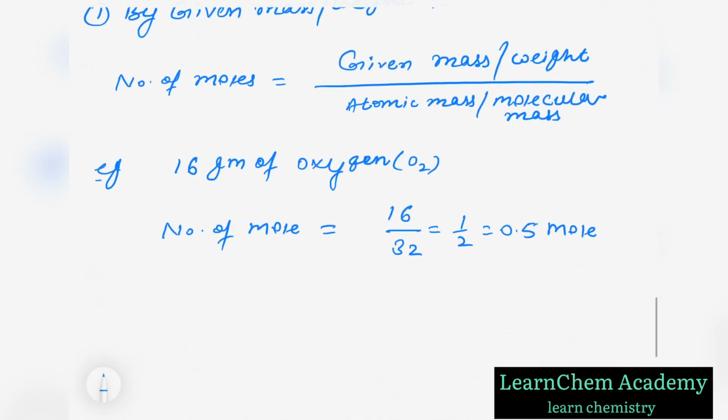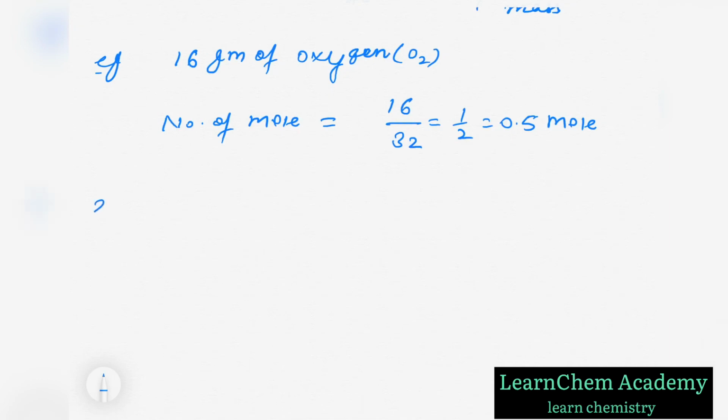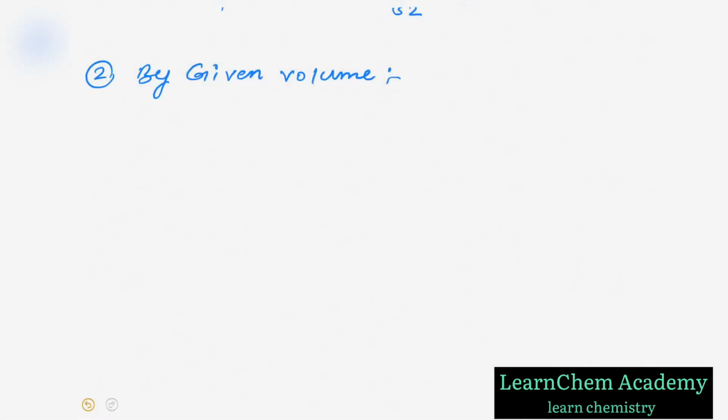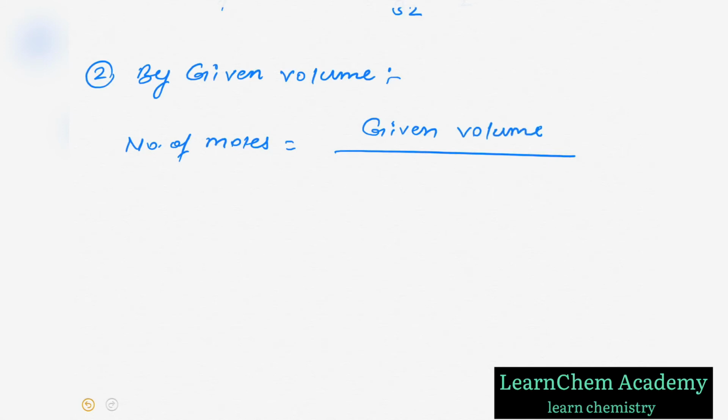Okay, if we want to calculate moles by given volume, we can write the formula: number of moles equals given volume divided by 22.4 liter.